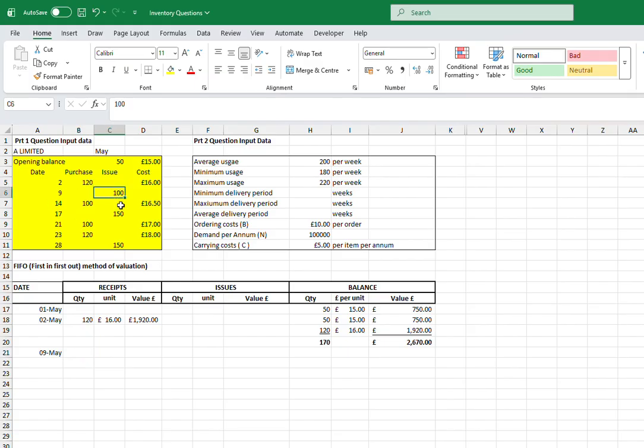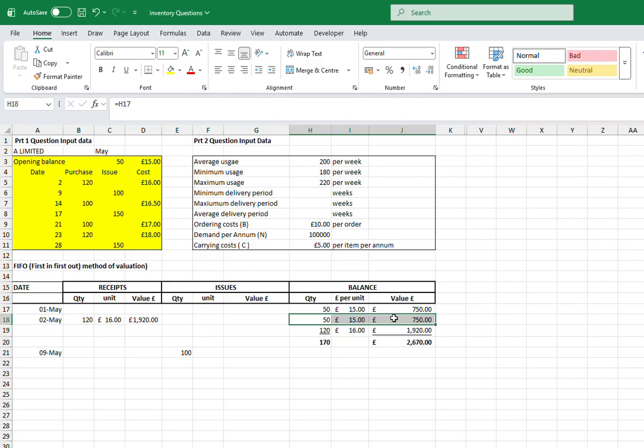they have issued. Depending on what this is, they could be making something or selling something, but whatever happens, 100 are going out. Now, I've put 100 there, but you'll see we've got 50 at £15 and 120 at £16.